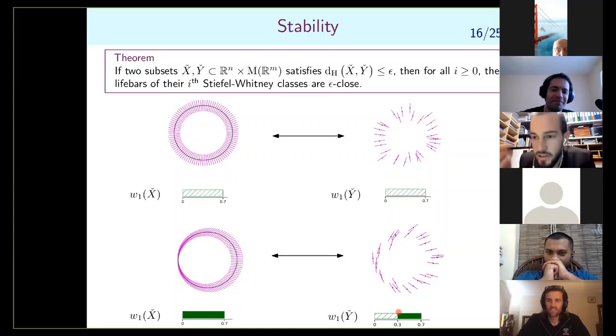Yeah, I thought, because you have also this construction of Stiefel-Whitney classes from a triangulation of a manifold. If you have a triangulation, you have a formula for the Stiefel-Whitney classes of the tangent bundle.